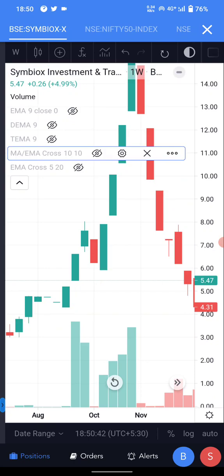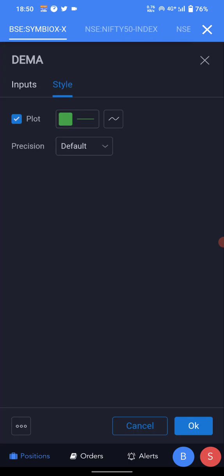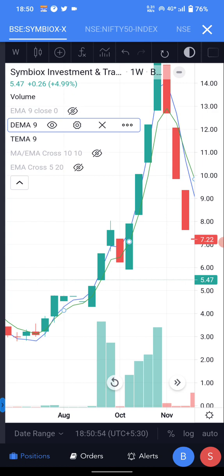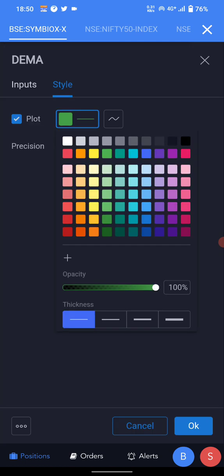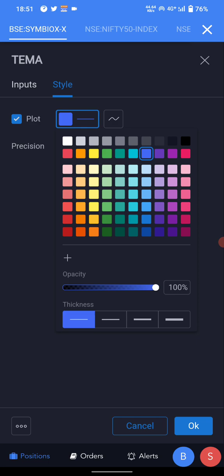And let's see the difference between double EMA and triple EMA, where let me take the color. Okay, where the green one is double EMA, let me put it as blue, and triple EMA is red.